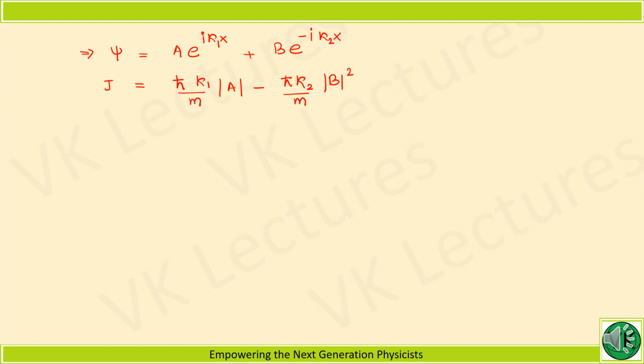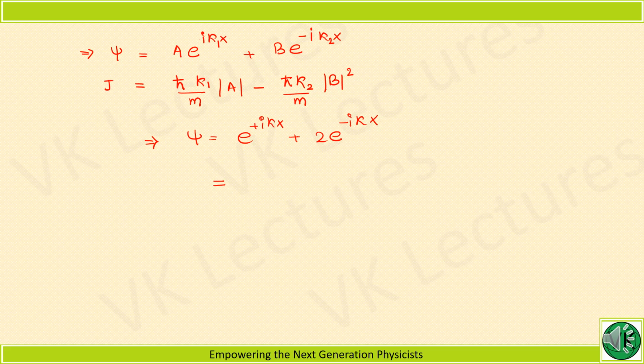So we have psi equal to e to the power plus ikx plus 2 e to the power minus ikx. This term is in the positive direction, so the flux is positive, and this is in the negative direction. Current density is nothing but flux.